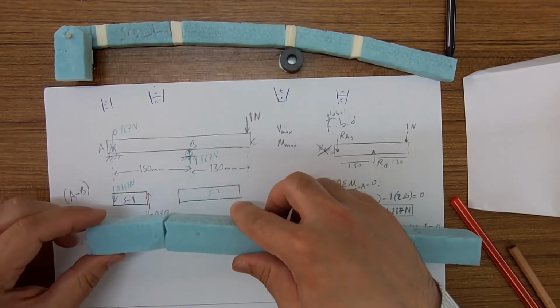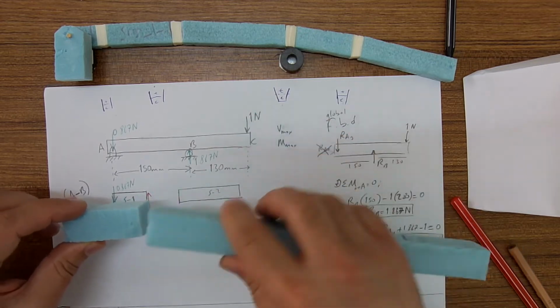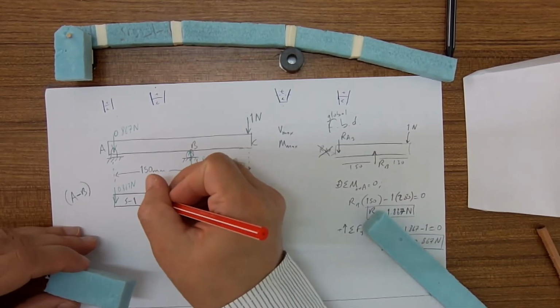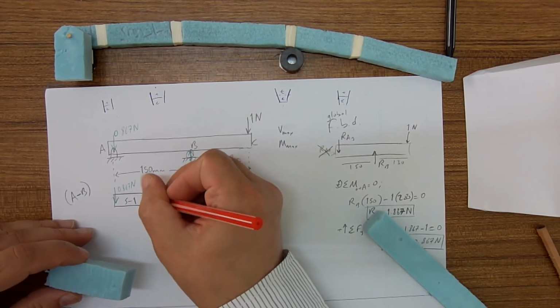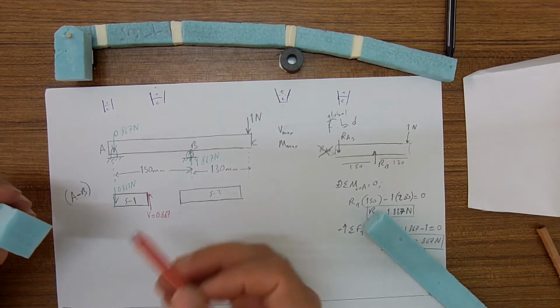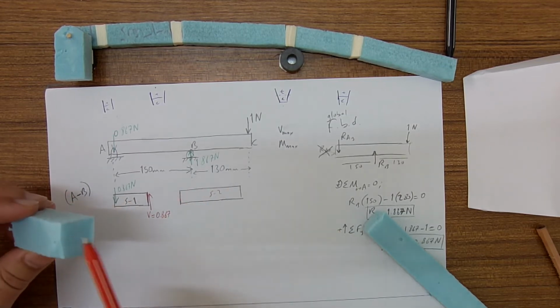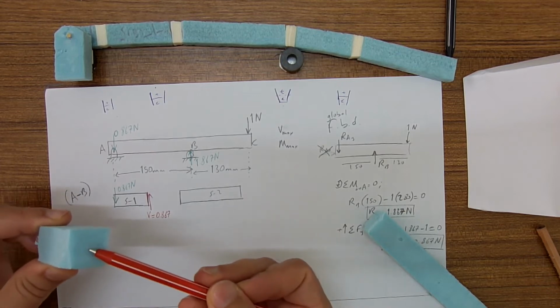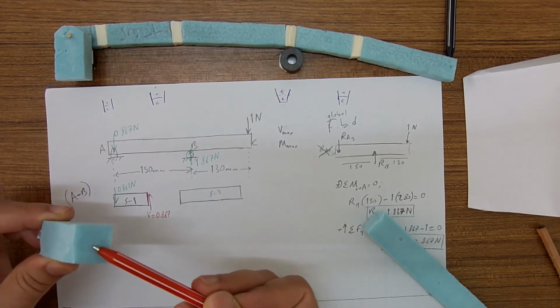So the moment comes from segment 2 upon this face. So the values we show here with red is the values acting on this face, segment 1, and the face where the shear force and the bending moments are calculated.